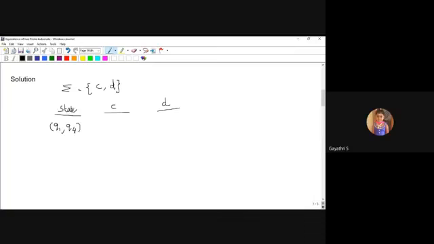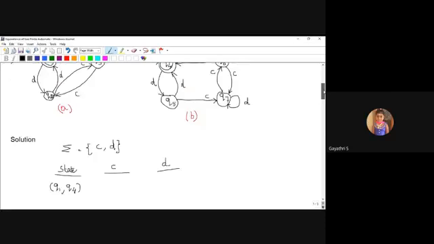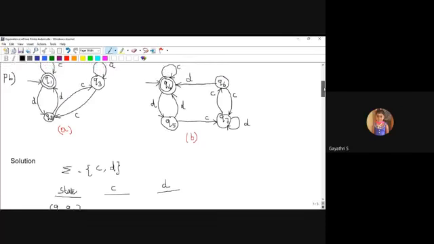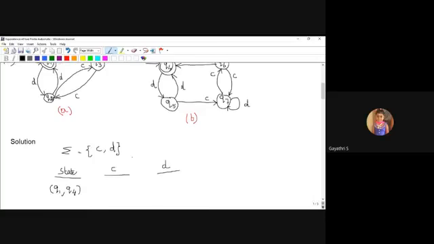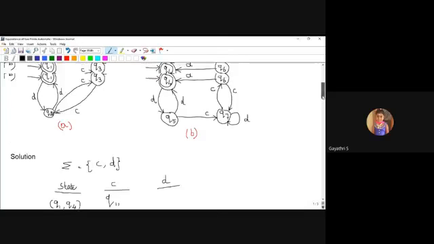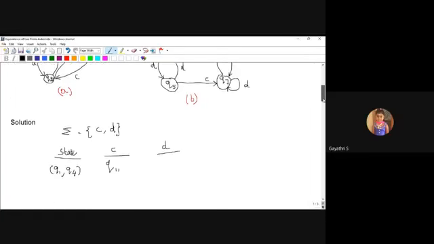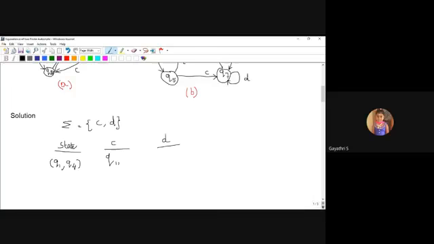Q1 on C goes to Q1 only. Then Q4 on C is also retained in the same state Q4 only, which gives the same pair Q1, Q4.